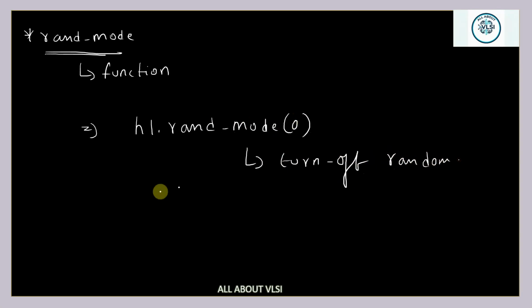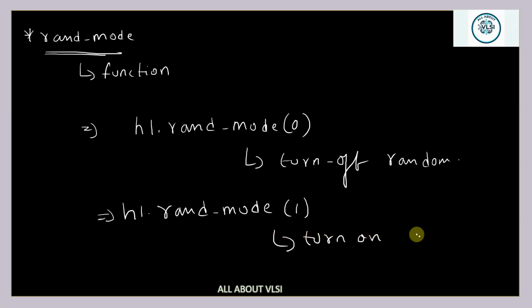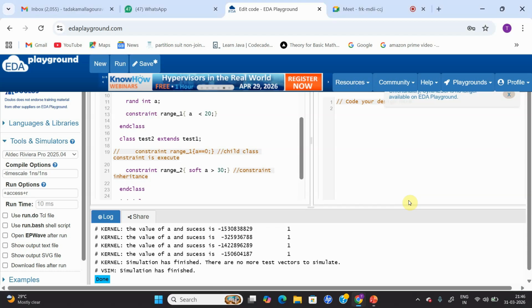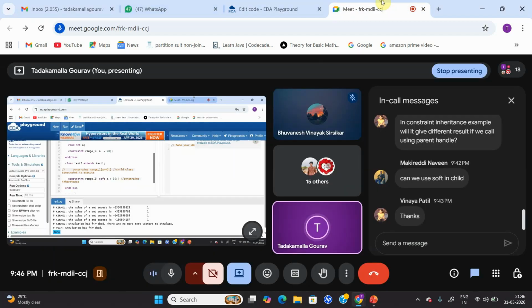And if you use h1.rand_mode of 1, it is going to turn on the randomization. So these are the two methods which we are going to use for turning off and turning on the randomization. So let's see one example for this.